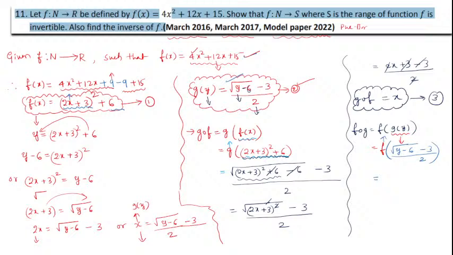So where x is, root of y minus 6 minus 3 whole divided by 2. That is 2 times of x plus 3 whole square. Clear? So this is completely in the 2x plus 3 whole square format.